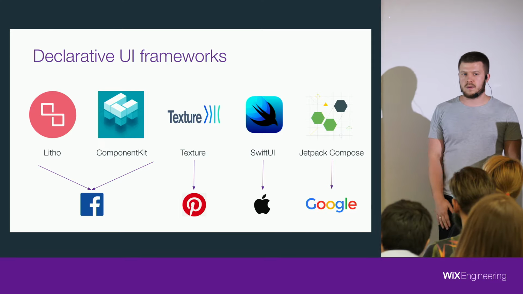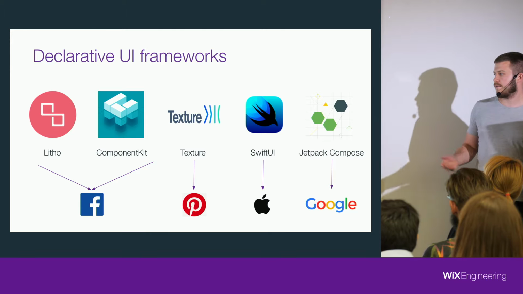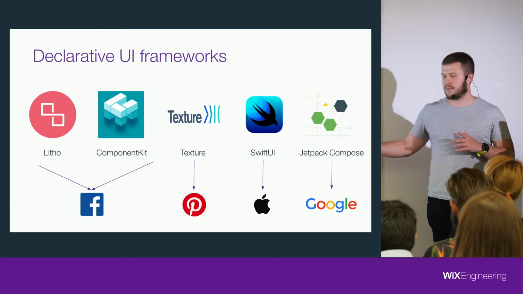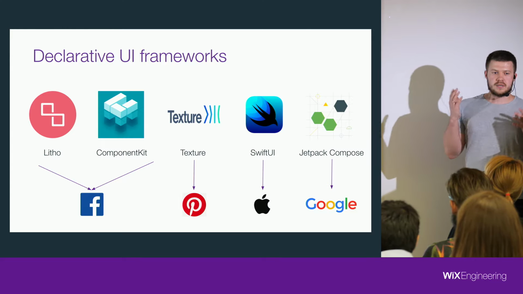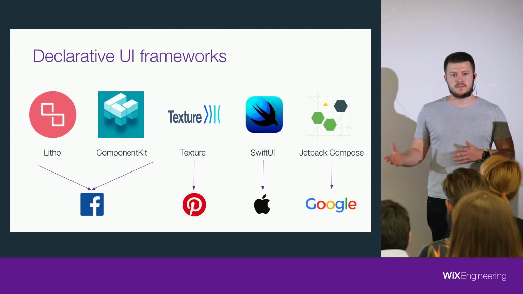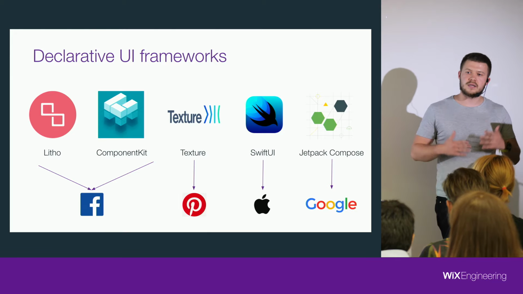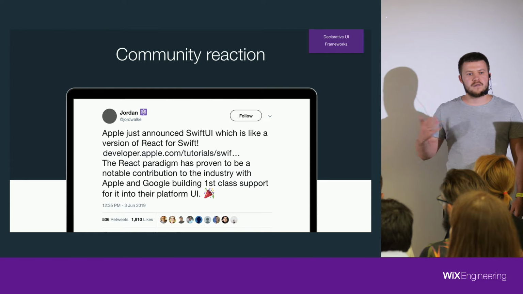And only several weeks ago, Apple also released SwiftUI. It's kind of similar to Jetpack Compose. So today we only discuss SwiftUI and Jetpack Compose because they are completely new frameworks with runtime and UI toolkit. So what is the reaction of the community?